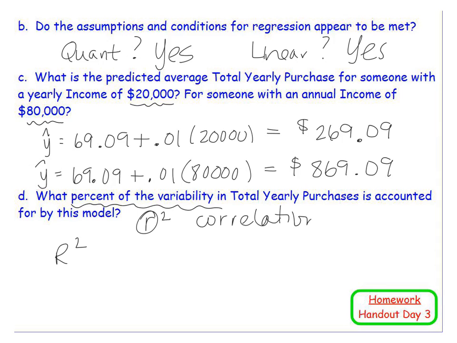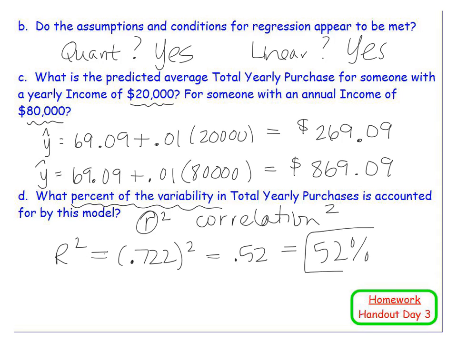So when they ask for this, you can take your correlation and square it. So our correlation was 0.722. So I'm going to square that. And my calculator spits out 0.52. And then I'm going to multiply that by 100 because I need it in percent form. So 52% of the variability in total yearly purchases is accounted for by this model.